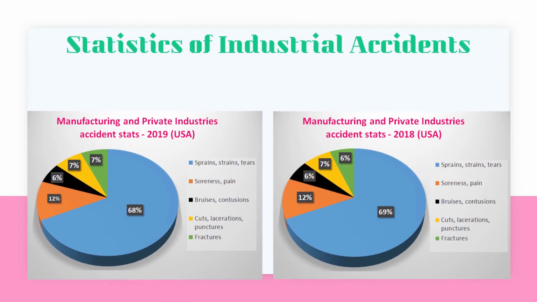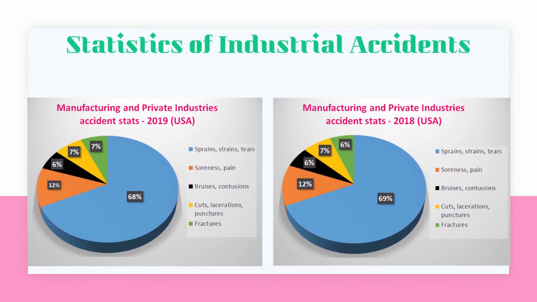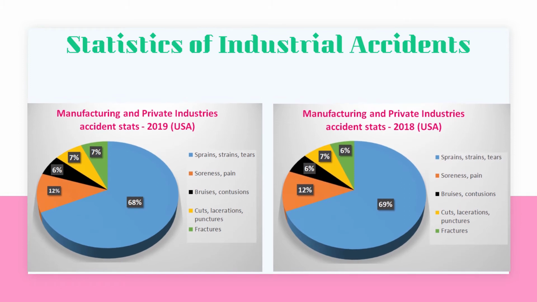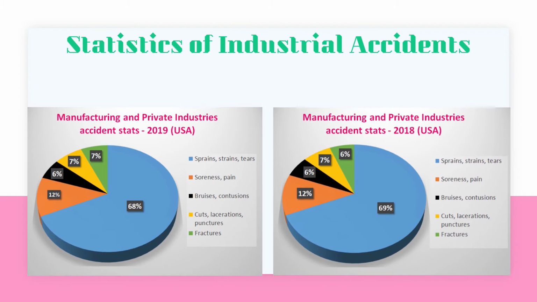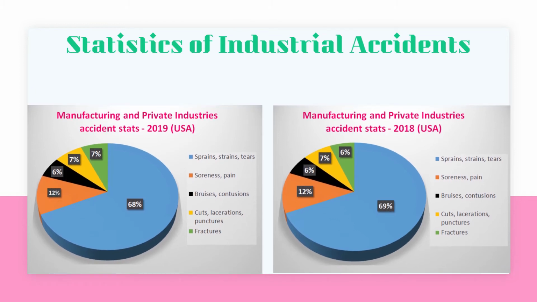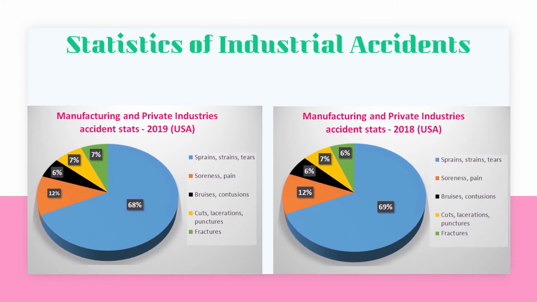Now I am talking about the manufacturing and private industry accident statistics of 2019 and 2018 of the USA. They have divided these accidents into sprains, strains, tears, soreness, pain, bruise, contusions, cuts, lacerations, punctures, and fractures. Usually these are the injuries that happen to the injured.